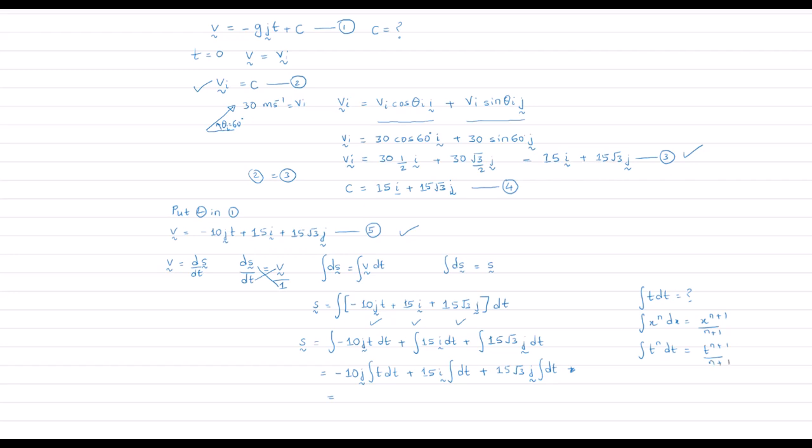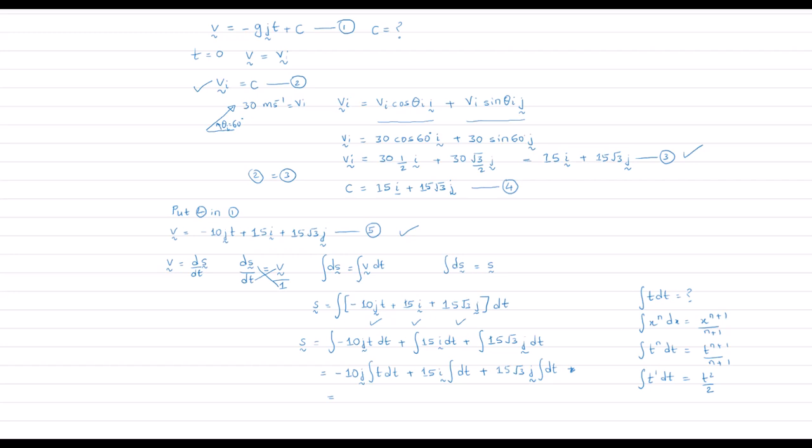And what's the value of n in the expression? We have t power 1. T power 1 dt, if you put n equals 1, will be t square over 2.